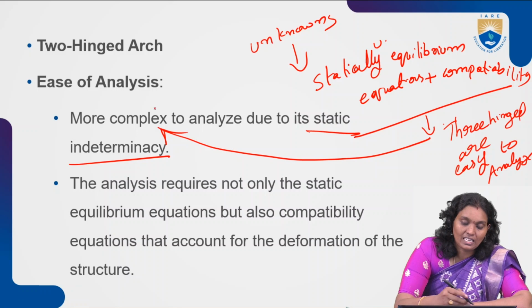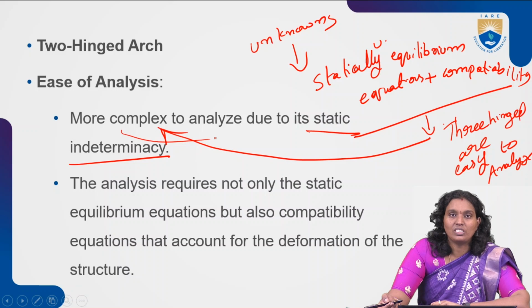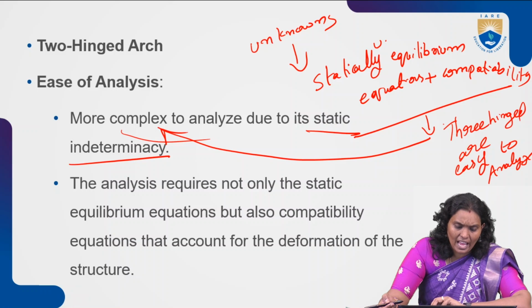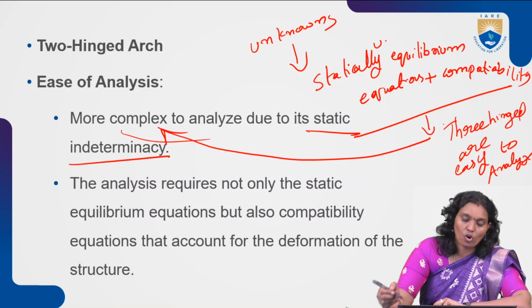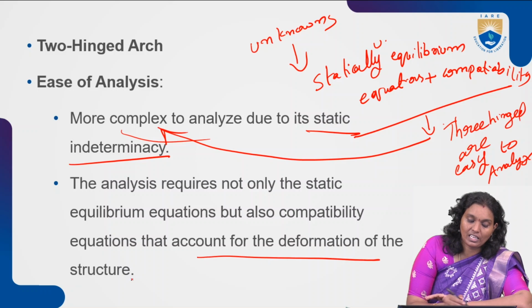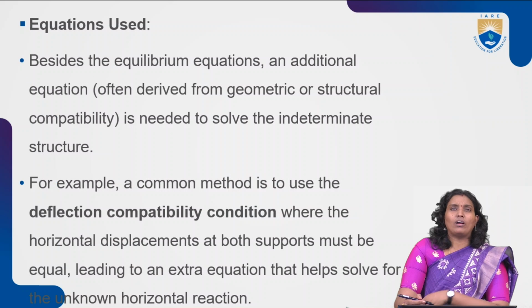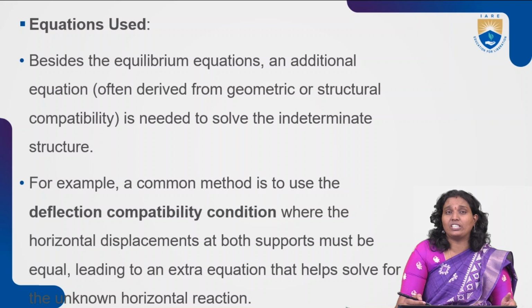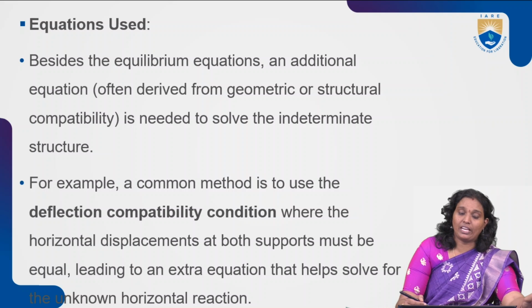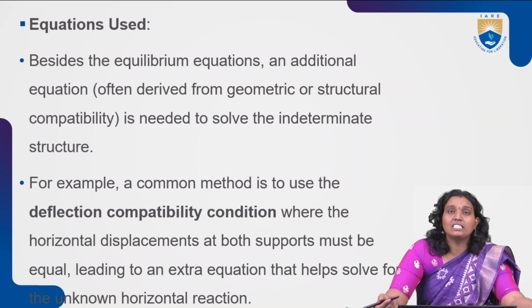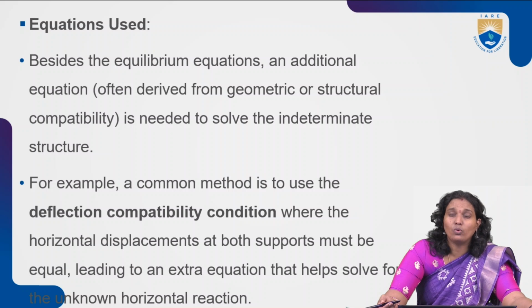Coming to two-hinged arches, it's more complex to analyze due to its static indeterminacy. So the analysis requires not only the static equilibrium equations but also compatibility conditions that account for the deformation of the structure. Besides the equilibrium equations, additional equations may be derived from geometric or structural compatibility to solve this indeterminate structure.